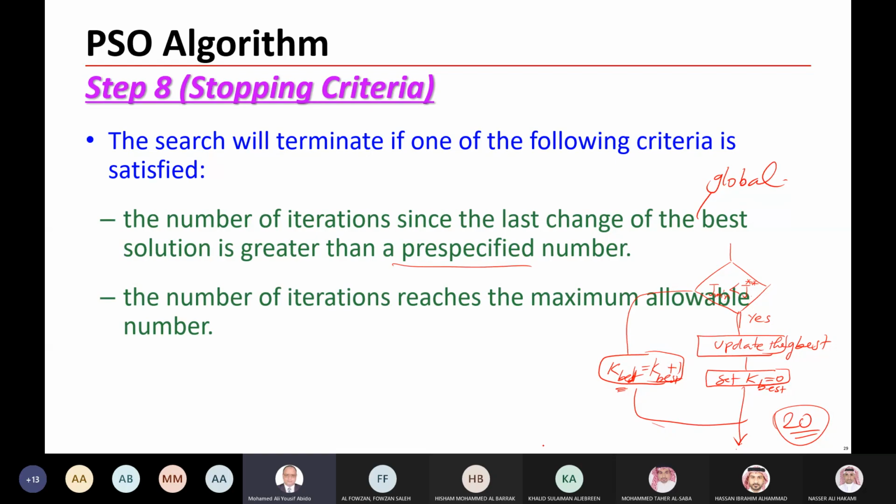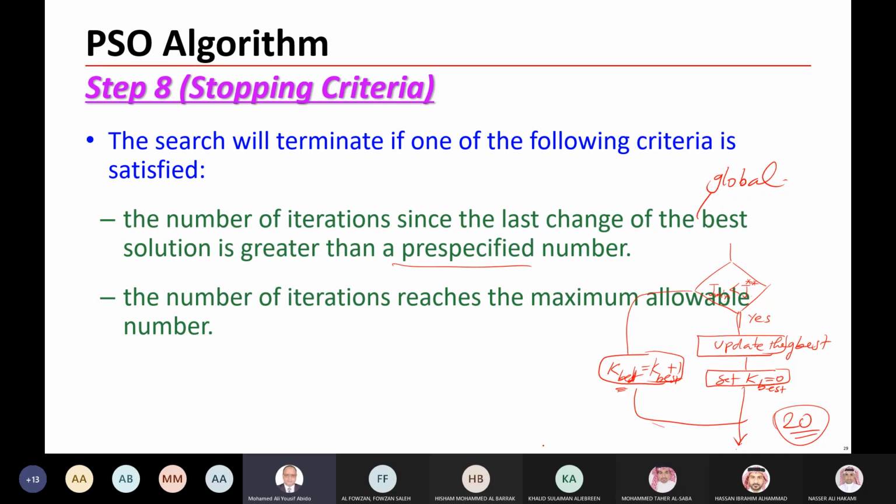And when you do mutation, you are not saving the positions of the solutions created earlier. This is also another difference between PSO and the genetic algorithm.